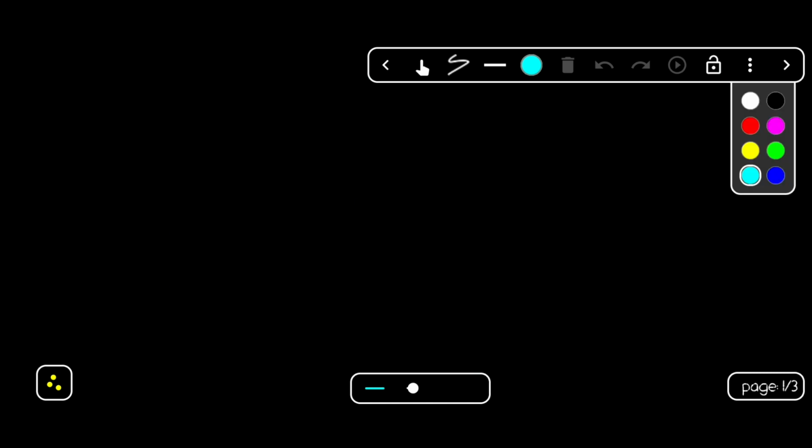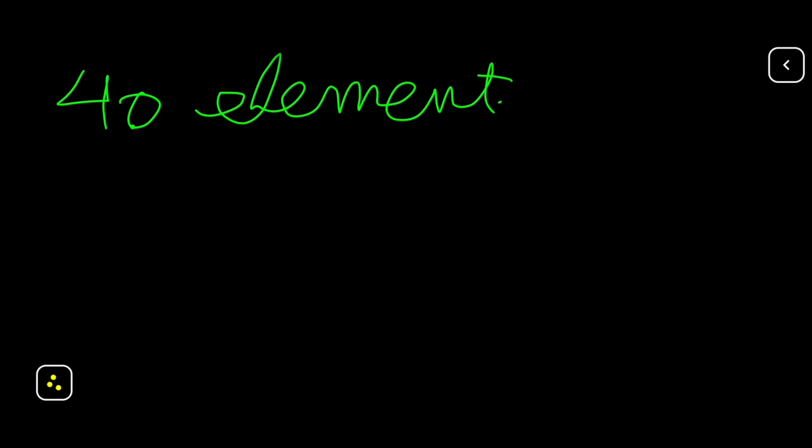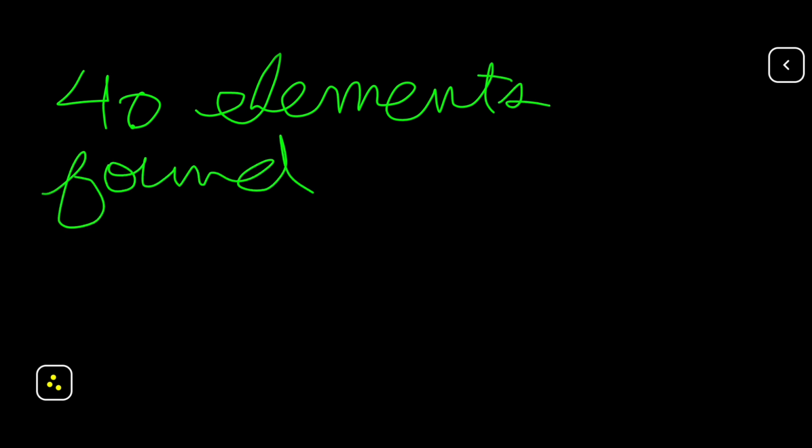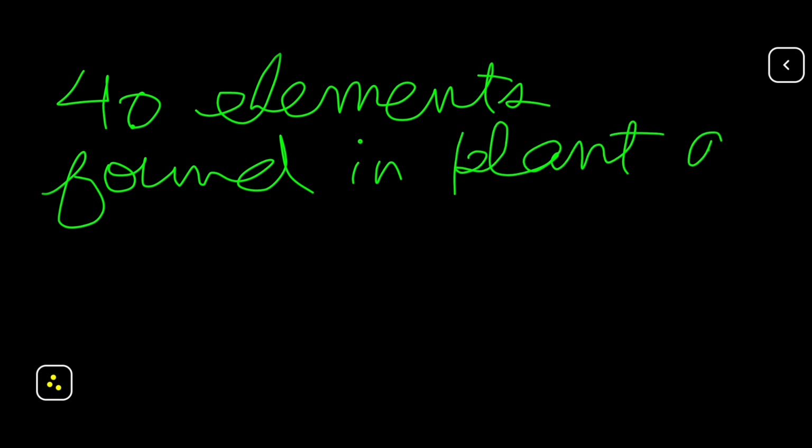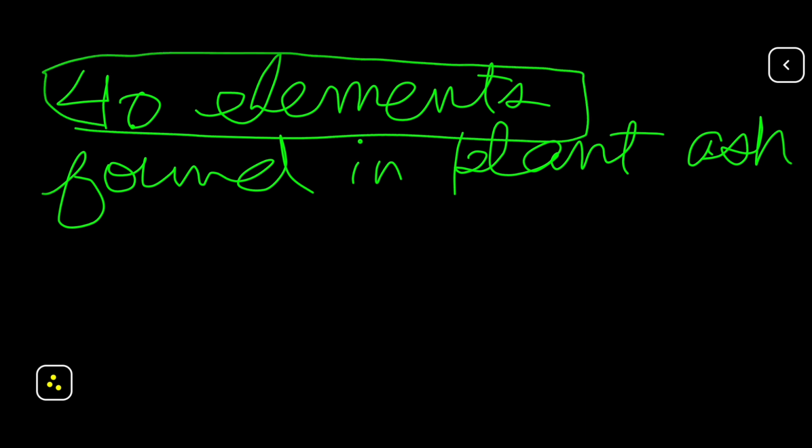Now I am changing the color. There are 40 elements found in plant ash. If we burn any dead plant, we get 40 elements in it.